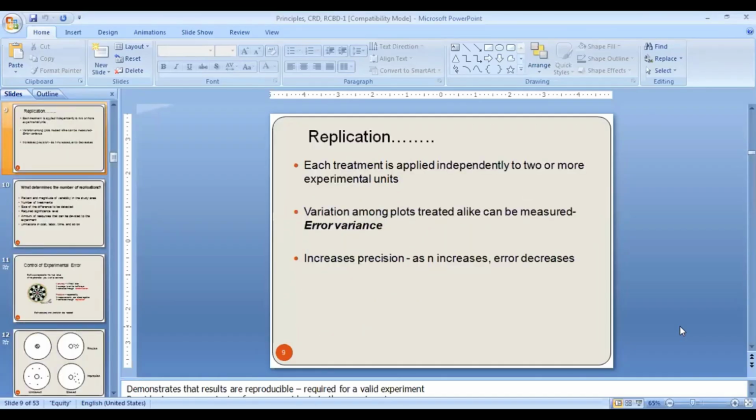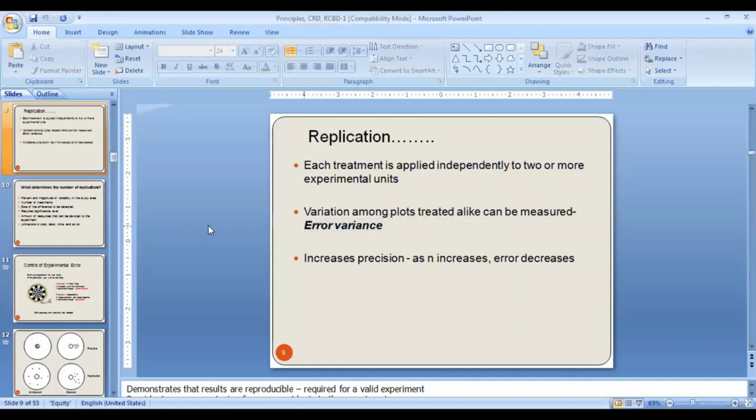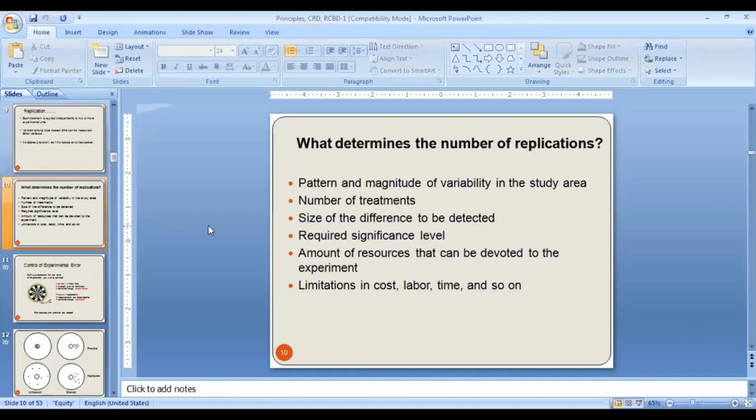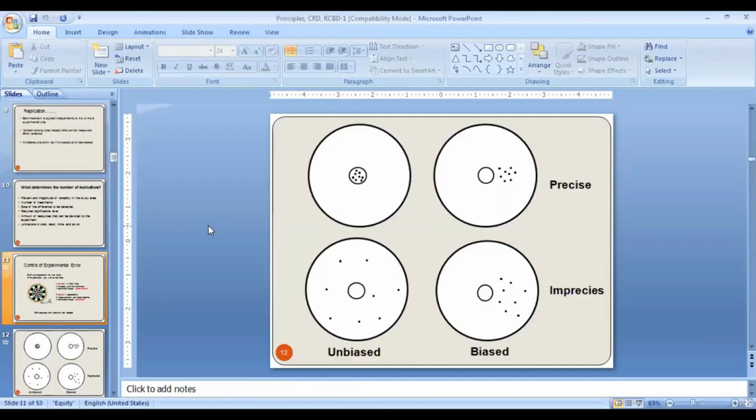So basic information on replication is to obtain the error variance. The number of replications, how we determine the number of replications, that depends on few key informations that we have discussed, and also how the error makes influence on our study.